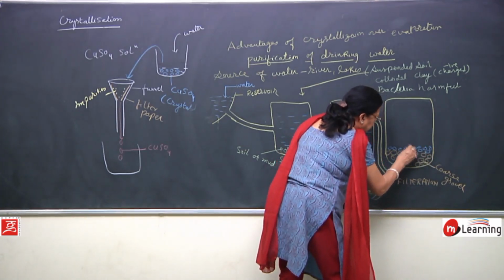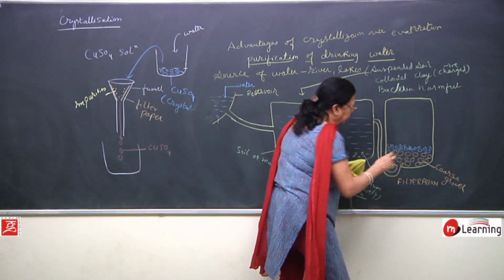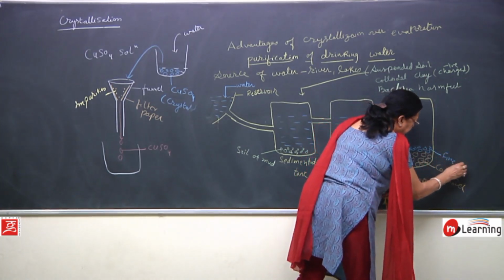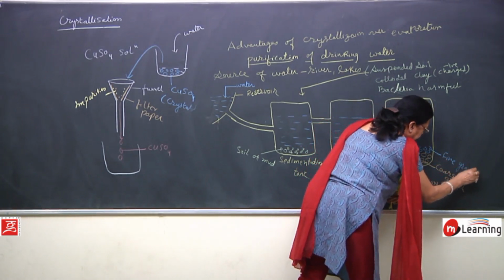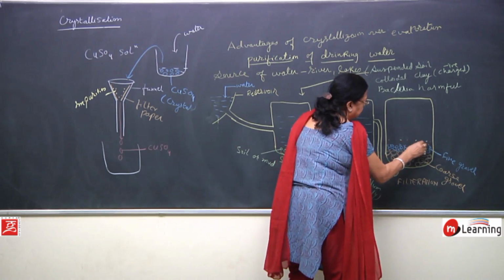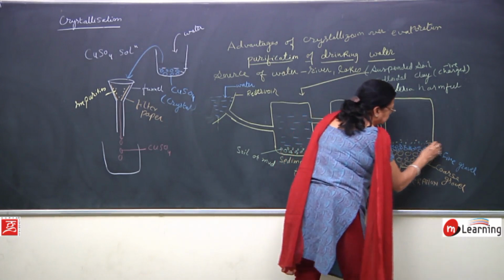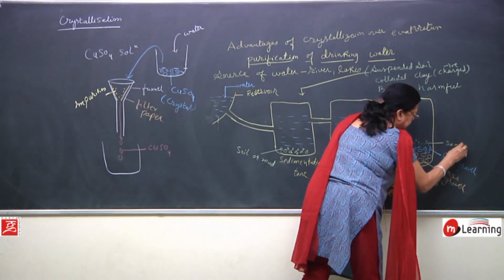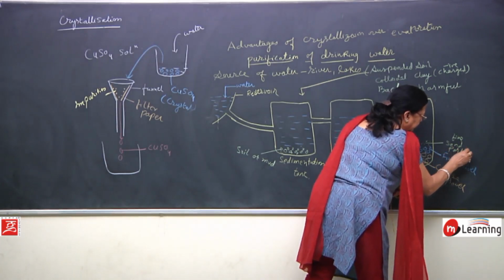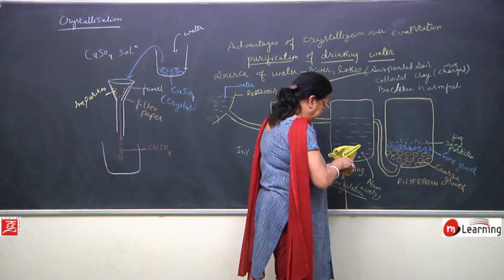At the bottom there is coarse gravel, stone particles. In the middle it is smaller, that is fine gravel. And at the top there are very fine sand particles. And then there is water.